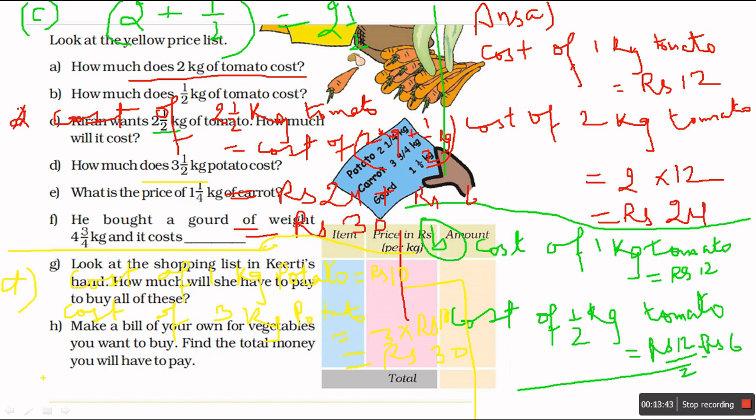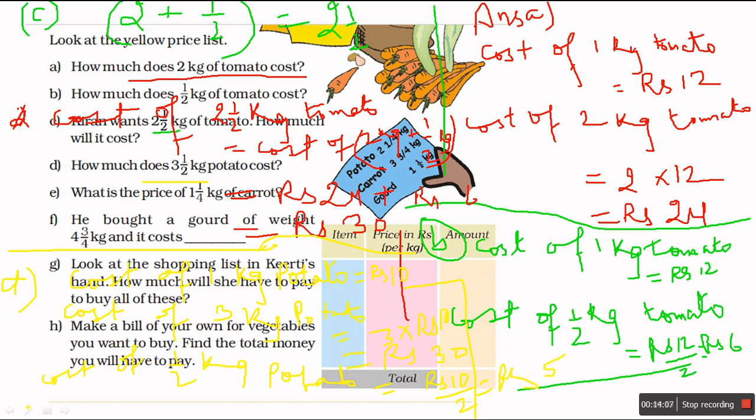and cost of half kg potatoes, equal to rupees 10. Quantity becomes half, so price will become half. So rupees 5.